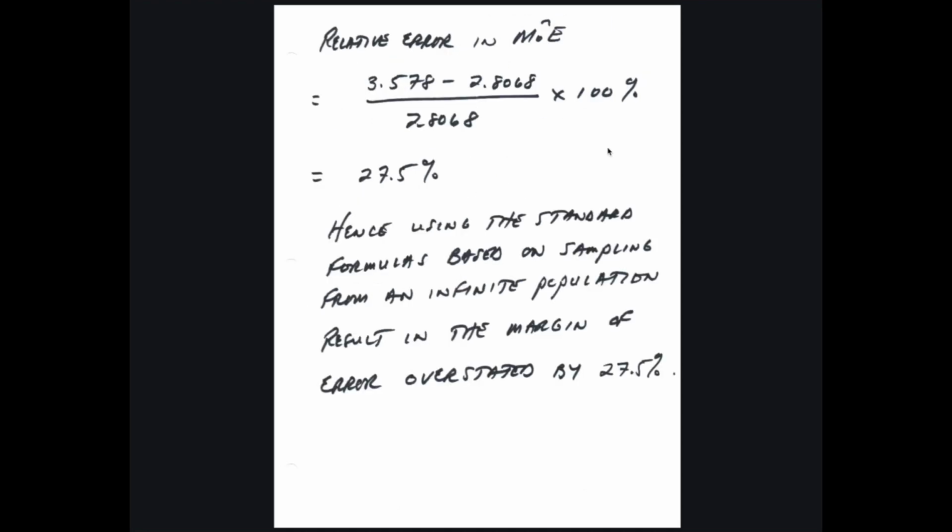And then the relative error in that margin of error compared with the correct margin of error, which is 2.8068, would be 27.5%. And so using the standard formulas based on sampling from an infinite population or from a finite population with replacement, the resulting margin of error would be overstated by close to 30%, 27.5%.